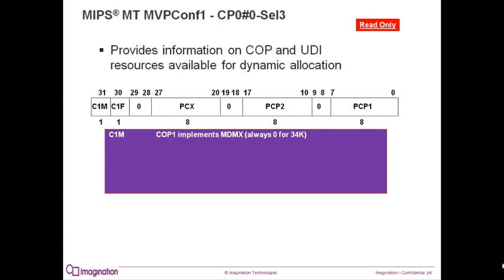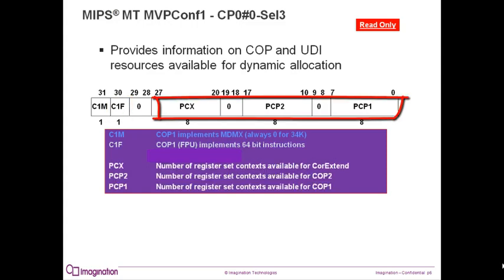The MVP config1 register contains the remaining core configuration values. The C1M bit indicates the floating point unit of coprocessor 1 implements the MDMX extension to the instruction set. The C1F indicates the floating point unit of coprocessor 1 implements 64-bit instructions.